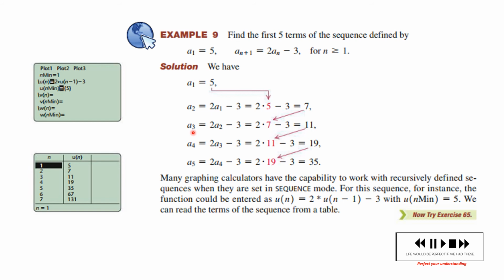When I go to a3, I take what a2 is, substitute it in, and I get 11. When n is 4, a4 is equal to 2 a3 minus 3. I substitute it in and I get 19. Lastly, a5 is equal to 2 a4, which is 19, minus 3, and I get 35.